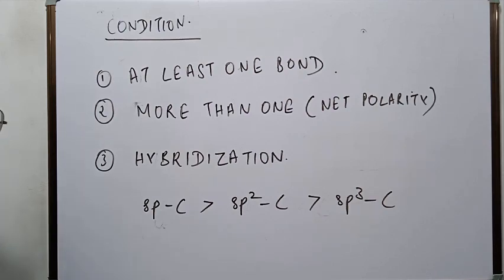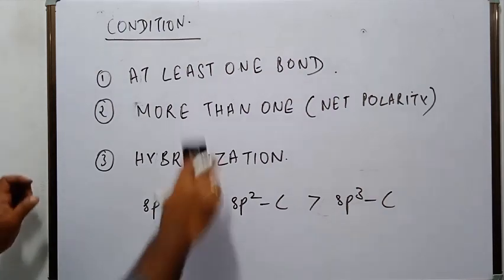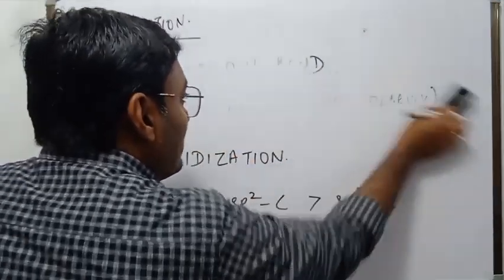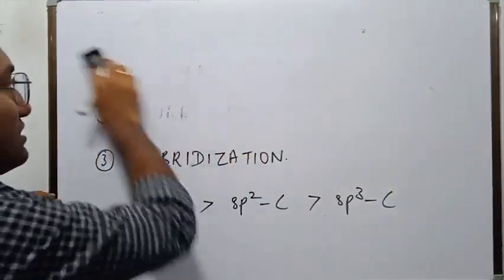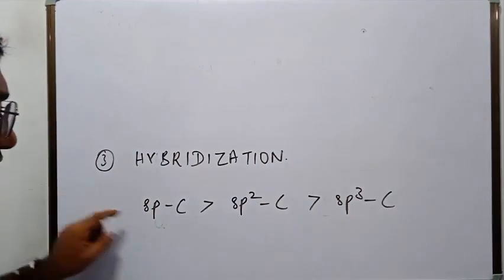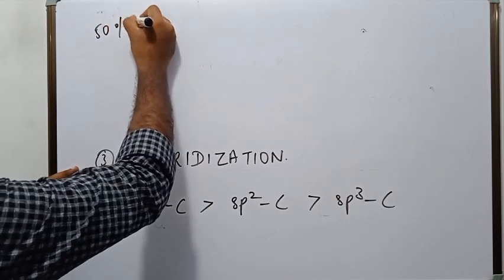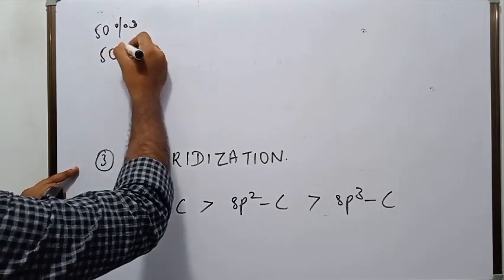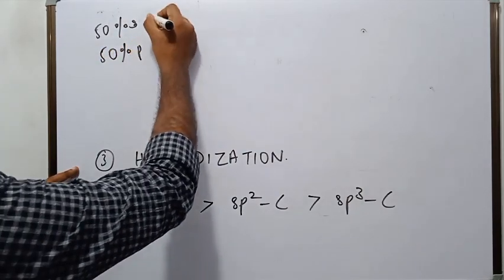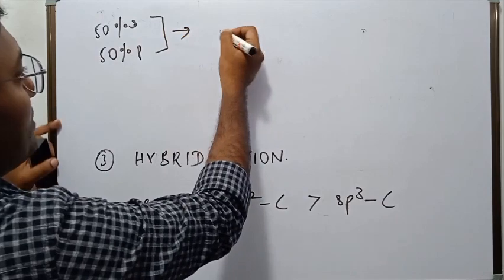Okay, why so? There is an explanation for that. It is because, see, in sp there is 50% s character, 50% p character. So the hybrid sp orbital, there will be two orbitals.